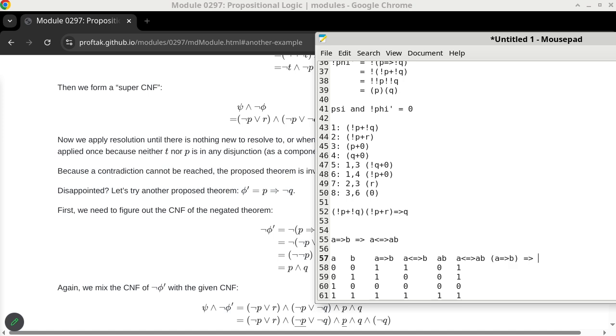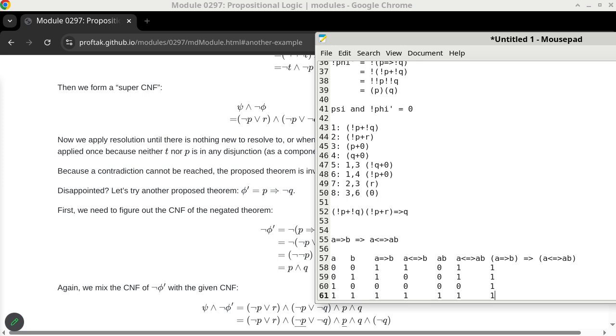A implies B, which is this column here. Does that imply A if and only if AB, which is the latest column here? You can see that they are exactly the same. So it's going to be true, true, true, true in this column. True, true, true, and also true.